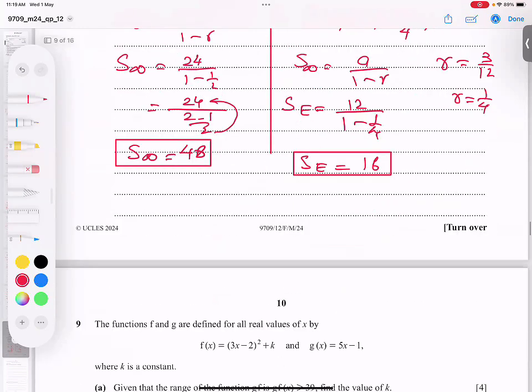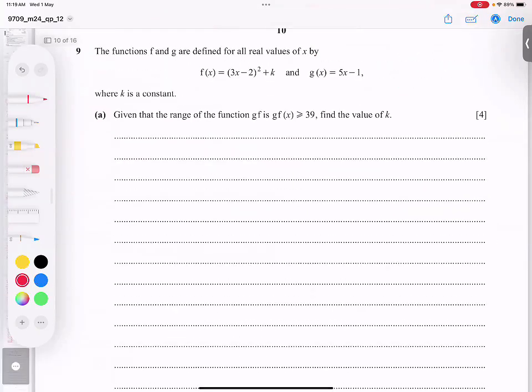So let's go to the next question. The student is asking about f and g. We have f and g, and how to find these functions using the required targets. First he said that the range of this function is 39, and you know the basic criteria: fg of x.